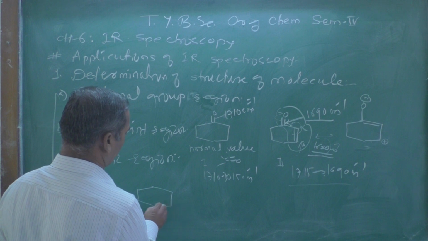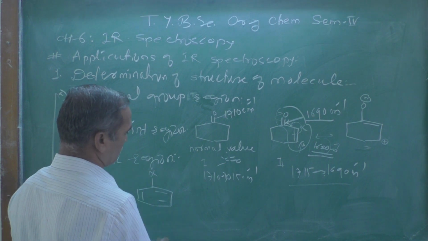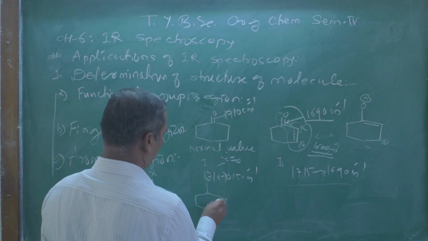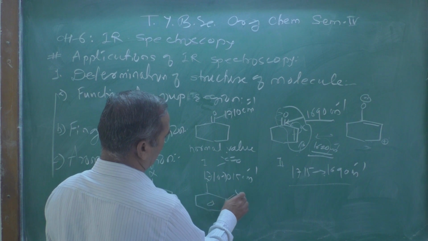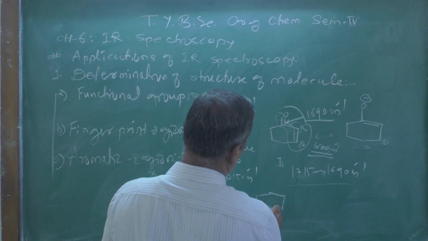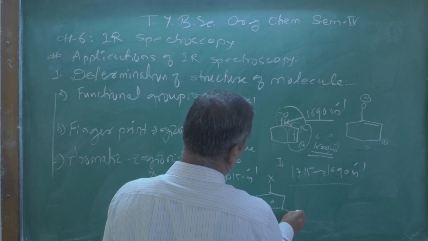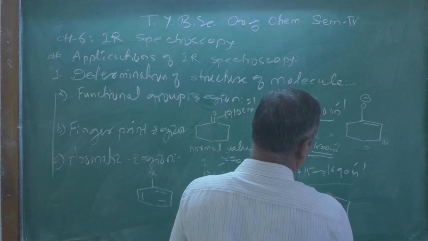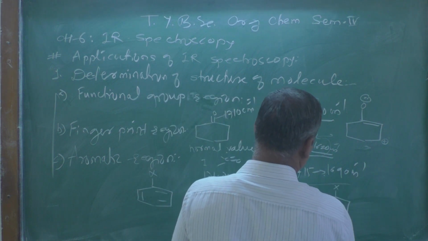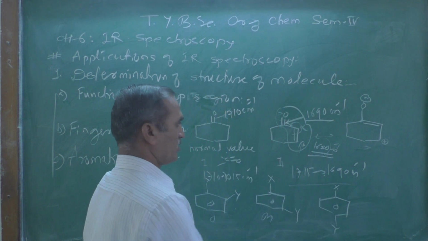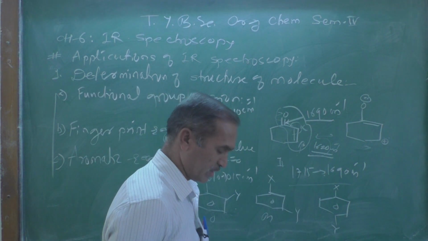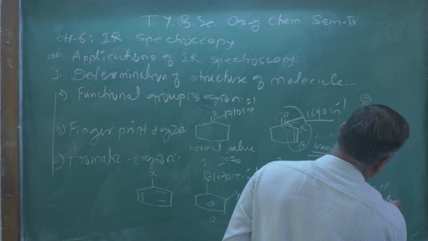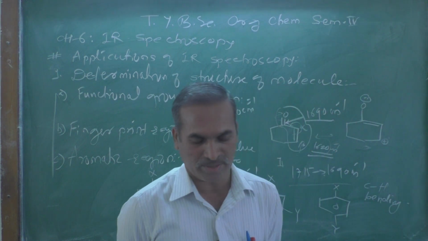Suppose this is monosubstituted, and when it is disubstituted, X over here and Y here, or X here and Y here. This is the ortho substituted, this will be the meta substituted, and the third one may be para substituted. These are the substituent patterns ortho, meta, para, identified by observing the CH bending vibration.